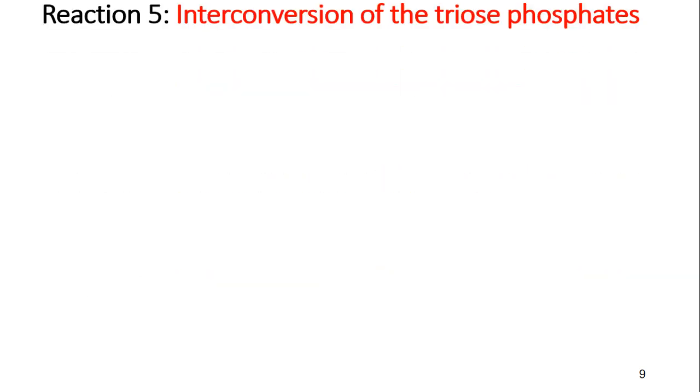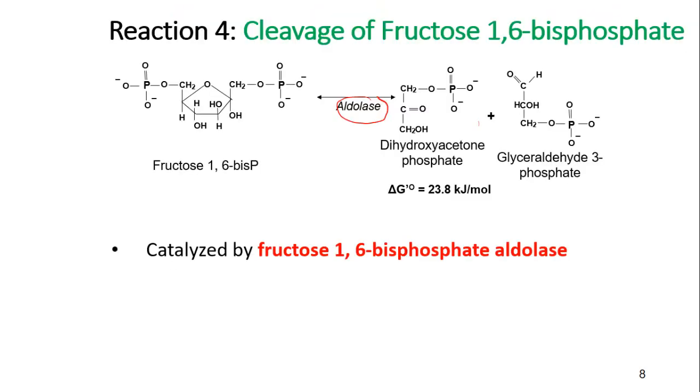But what will happen in the normal circumstance of this process is that the dihydroxyacetone phosphate will be converted to glyceraldehyde phosphate.